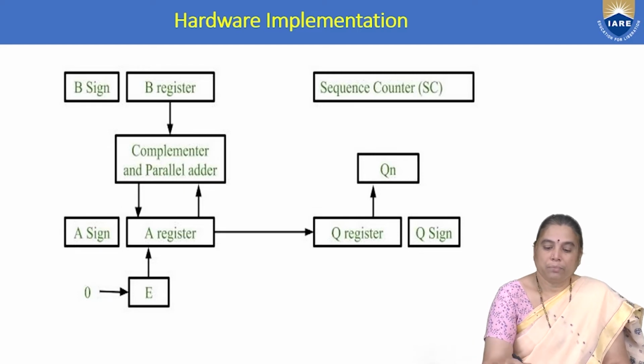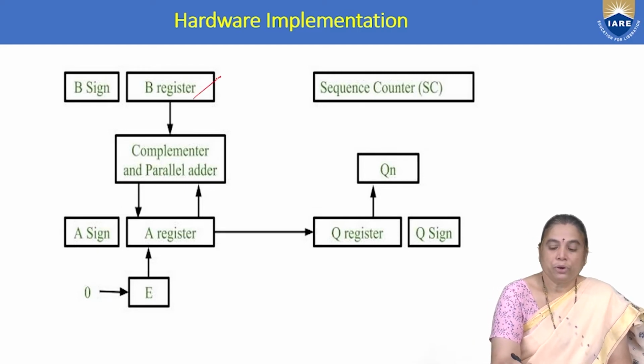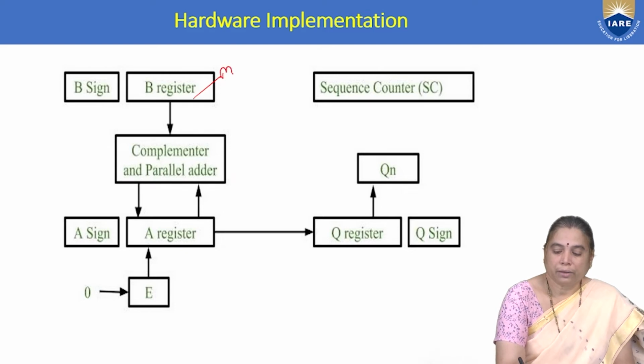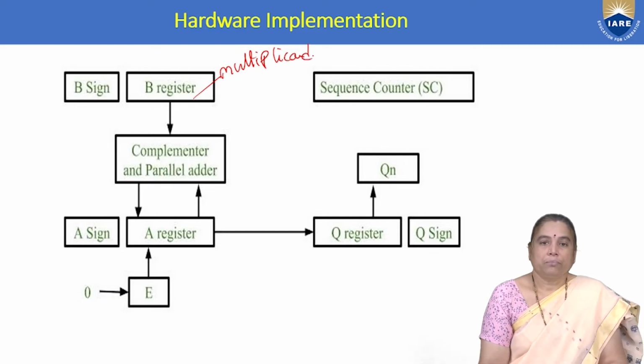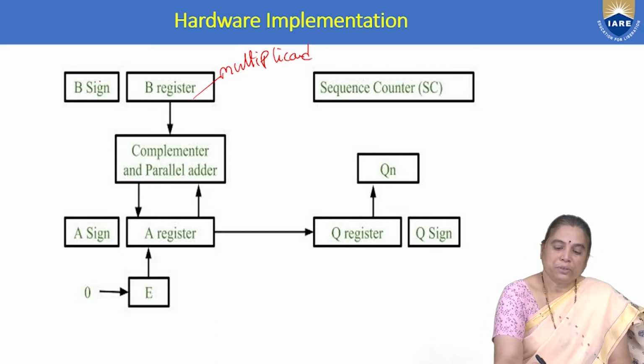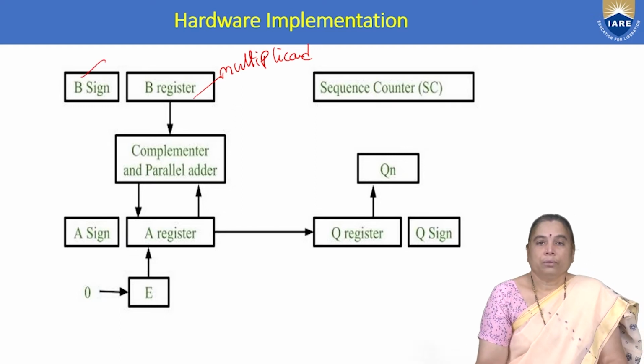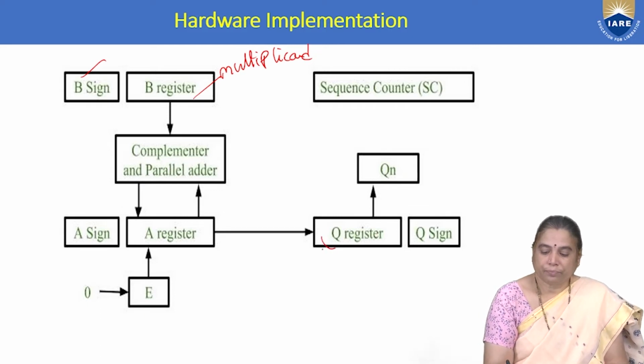The B register is used to store the multiplicand, and the sign of the multiplicand is stored in a flip-flop, B sign. And the multiplier is stored in the Q register.